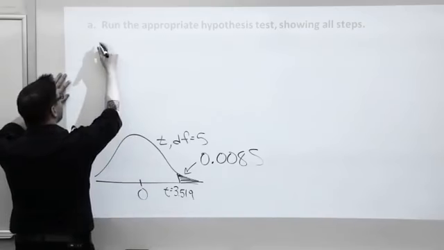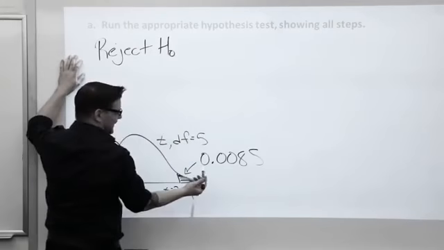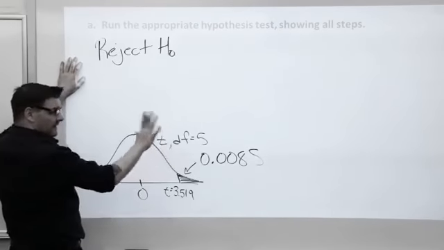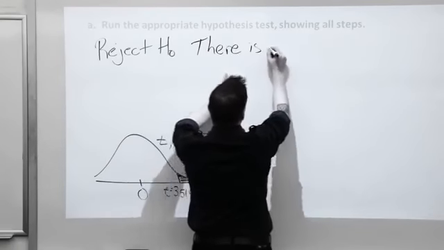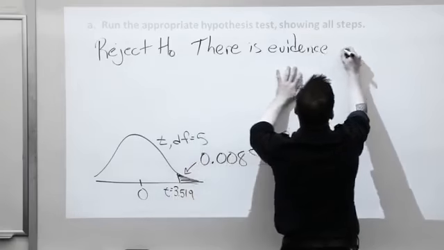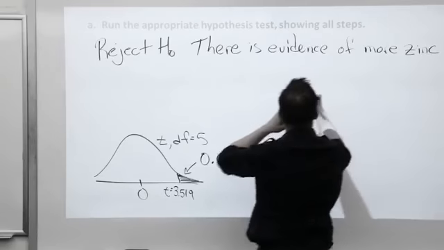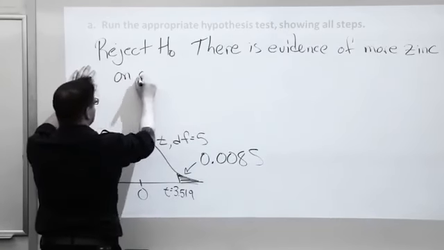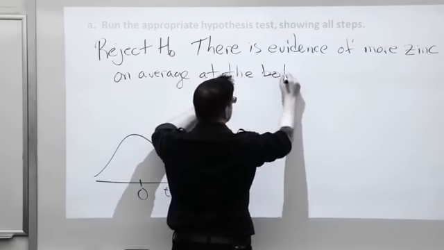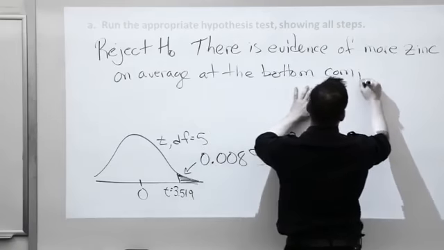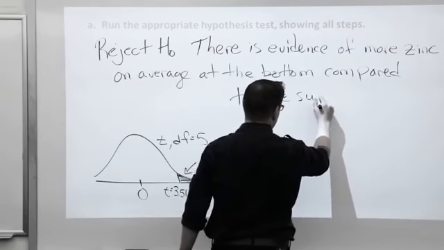All right, to finish up part A, decision: reject the null. On the p-value chart 5 lessons ago, this is overwhelming evidence for the alternative, and we could simply say that there is evidence of more zinc on average at the bottom compared to the surface.